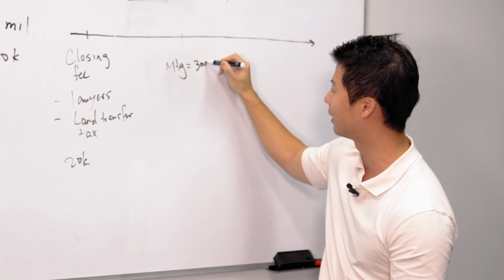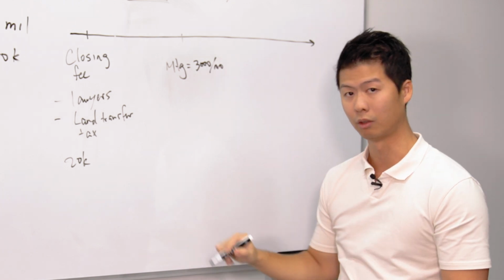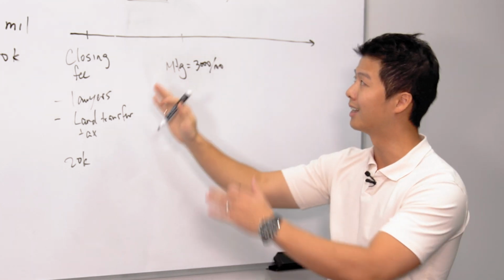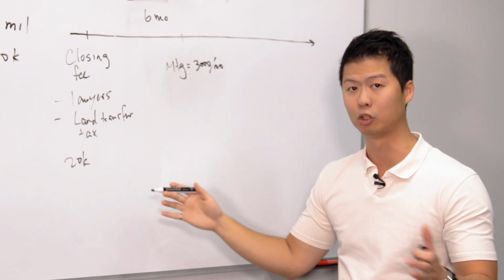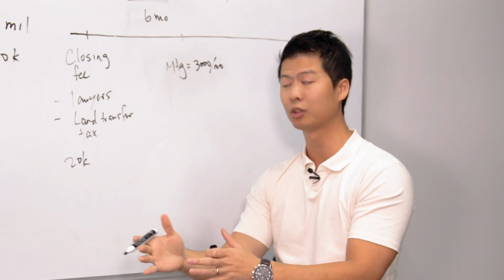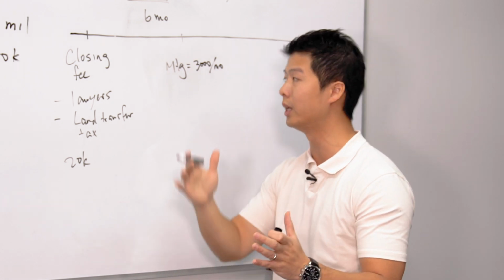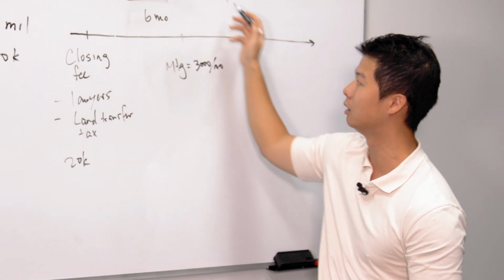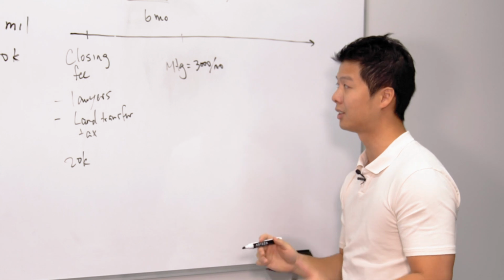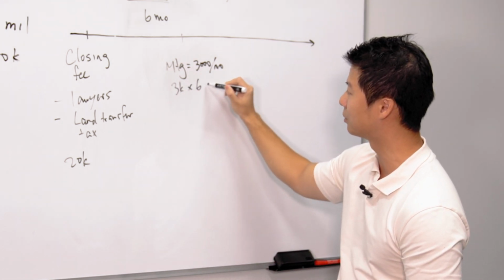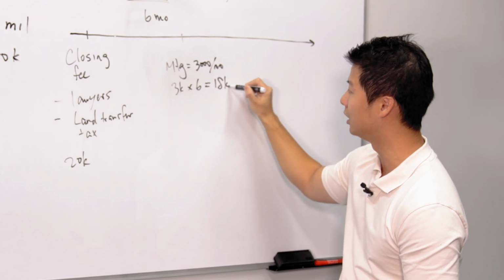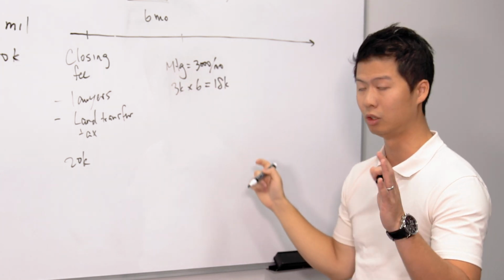If we use $3,000 per month for your mortgage, and let's say this flip takes you about 6 months to complete, to finish renovating, to list it for sale, and you still need to wait until closing. Let's say the entire time period is 6 months. So for the mortgage, you need to use 3K times 6 months. That'll give you 18K, an additional 18K that you need to budget.